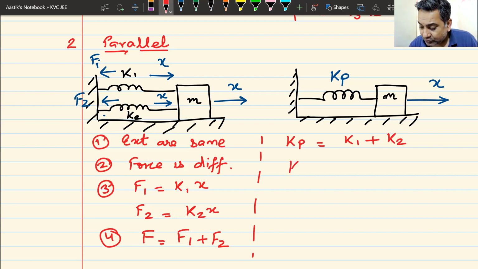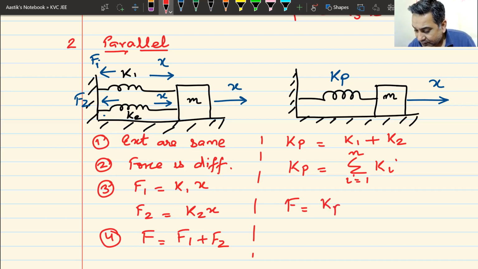If I have more than 2, I can write it like this: Kp will be equal to the summation of Ki, i ranging from 1, the first spring, to n. What will be the force on the block? The force on the block, as you can see, is F. Now this F can be written as Kp multiplied by x. This is equal to F1 plus F2.